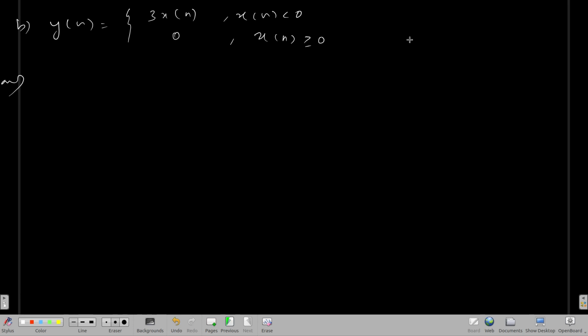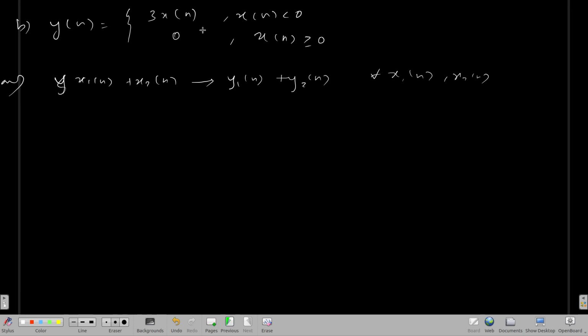If it was just 3x of n, it would have been linear, but since this condition is coming, we cannot say that x1 of n plus x2 of n directly gives y1 of n plus y2 of n for all x1 of n and x2 of n, right?